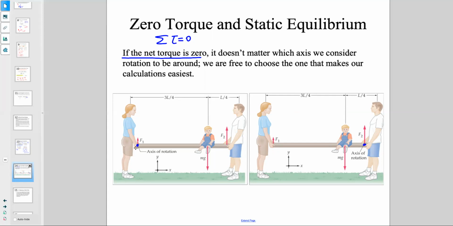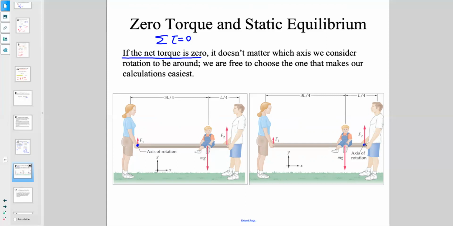For example, if we choose this axis of rotation, we have F1 acting on this object from 0 distance from the axis of rotation. You have mg from 3/4 of L from the axis of rotation. And then you have F2 acting upward in a distance of L from the axis of rotation. Okay?